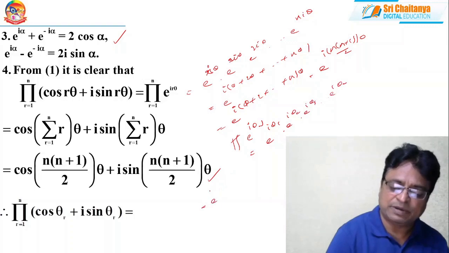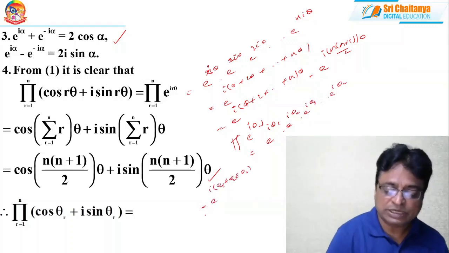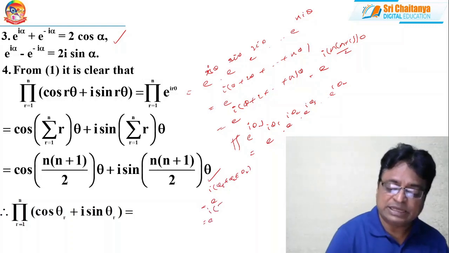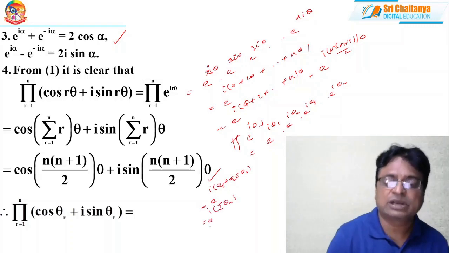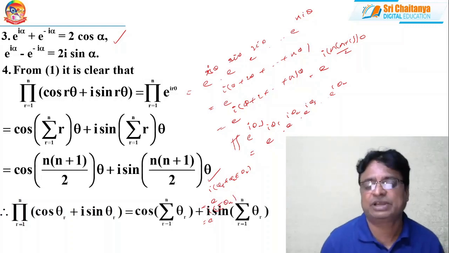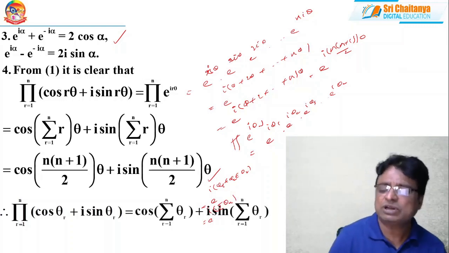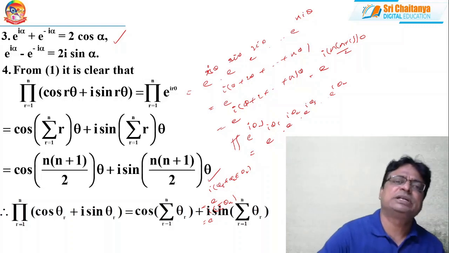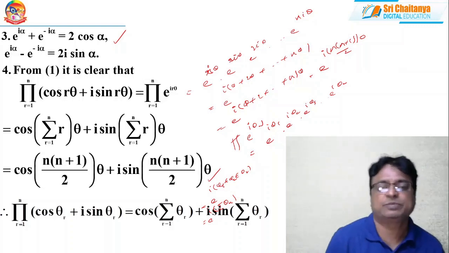That is e power i into (theta 1 plus theta 2 and so on plus theta n), that is e power i sigma theta n, that is cos of sigma theta n plus i sin of sigma theta n. We can write like this. So these are the sigma and pi notations, and these are all deductions of those cis forms.